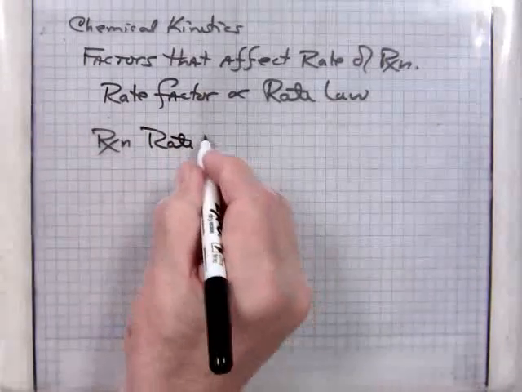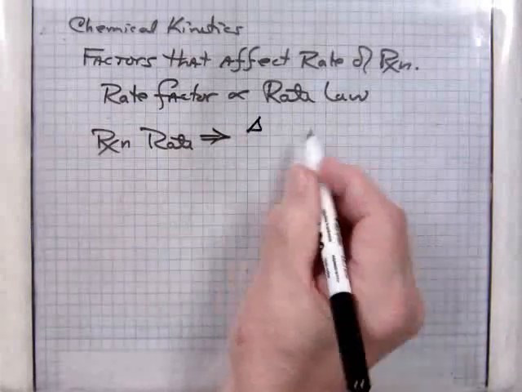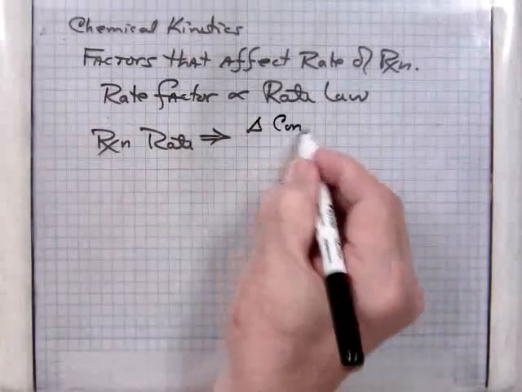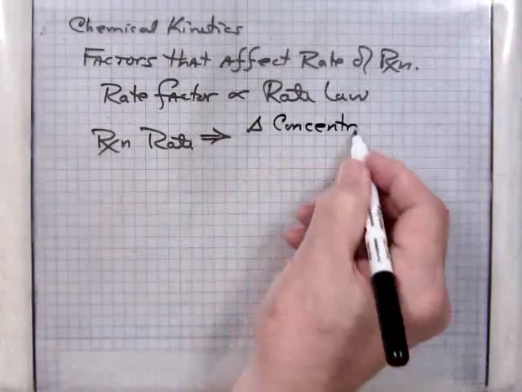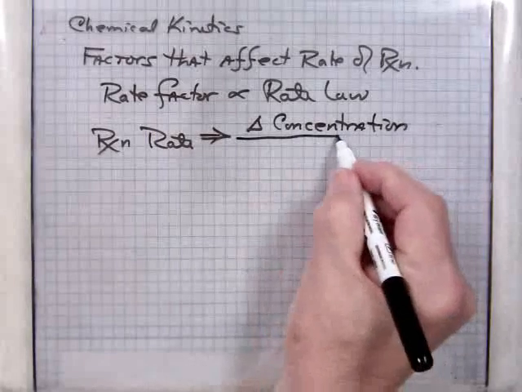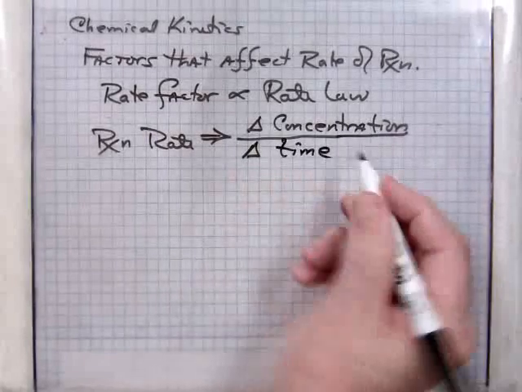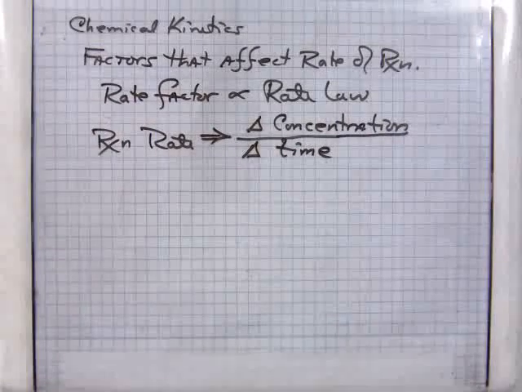In chemistry, by definition, we're talking about a change in concentration per unit time, change in time. Now, in chemistry, concentration terms are measured in terms of moles per liter, molarity.